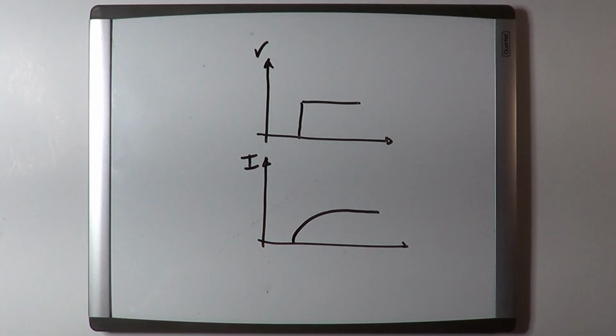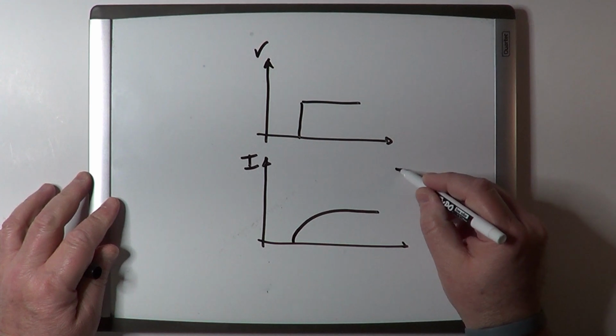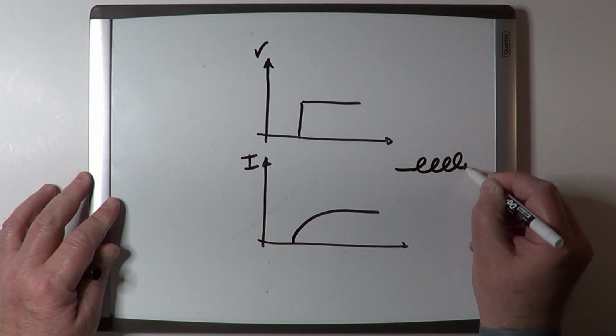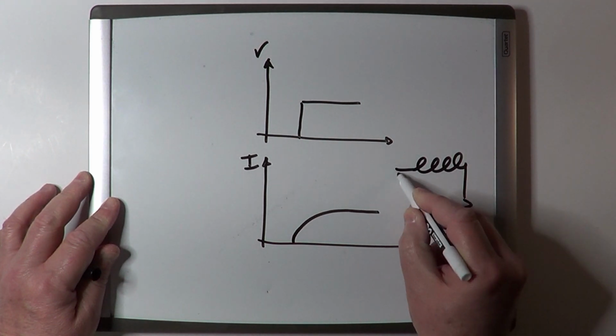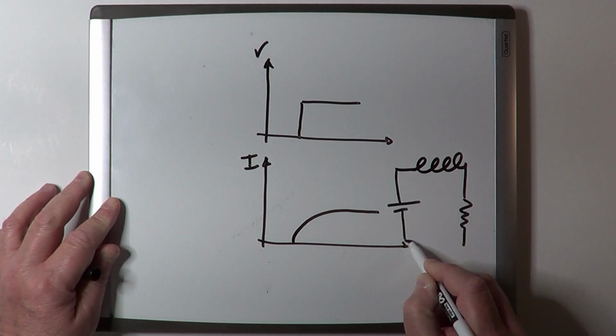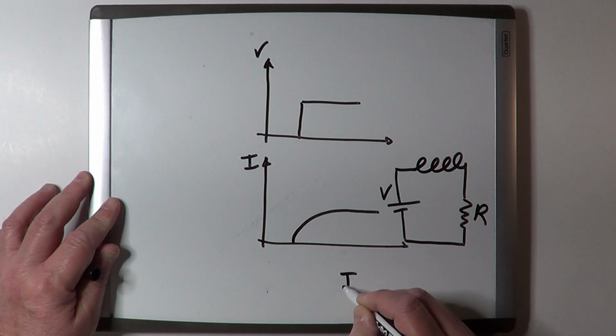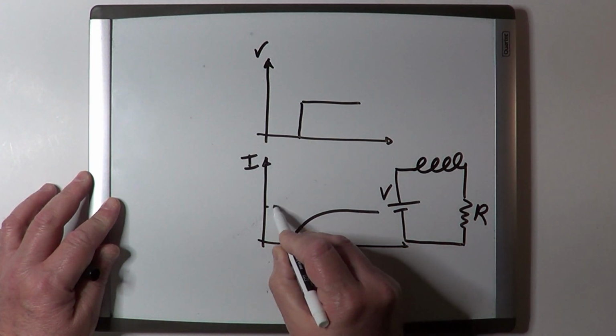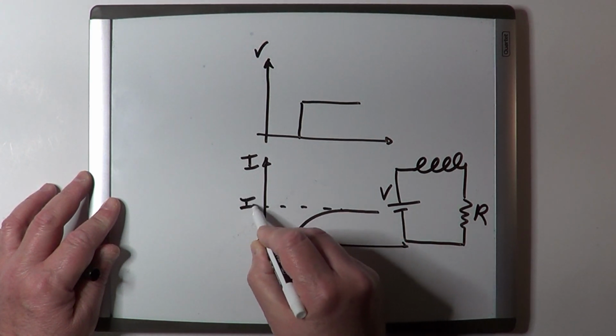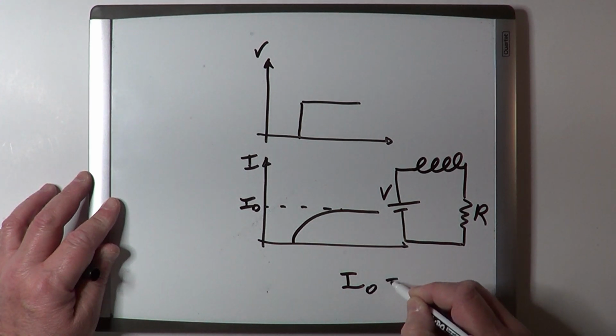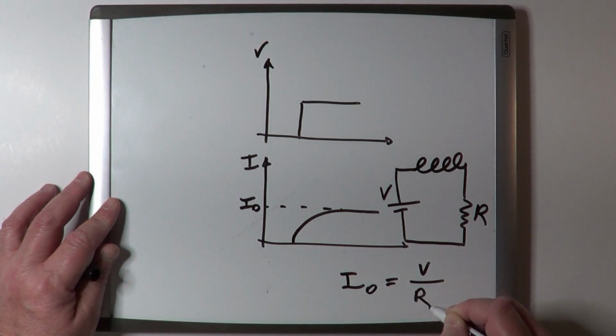At that point, the current does not increase anymore, and this point is when basically the current is limited only by the resistor in the circuit that we saw before. So if this is V and this is R, the current at the end over here will have a value I0 equals V over R.